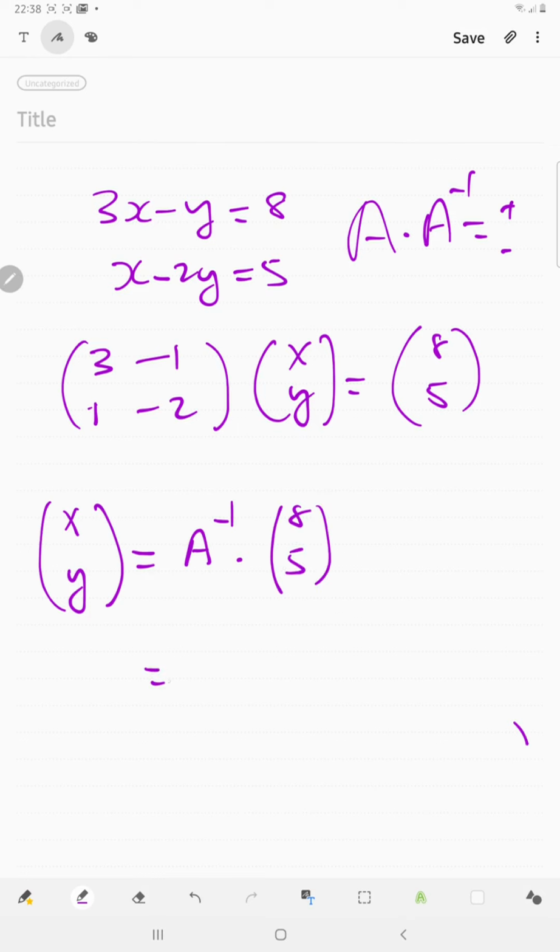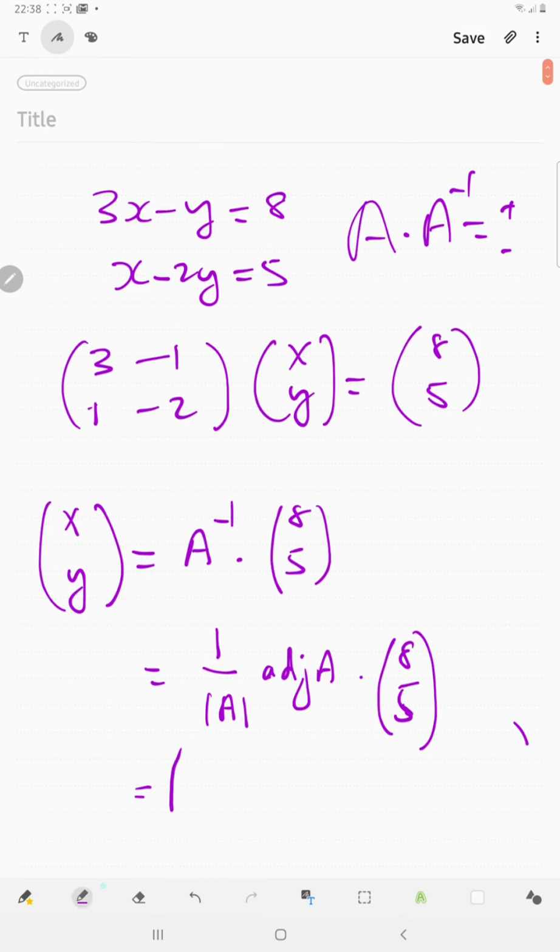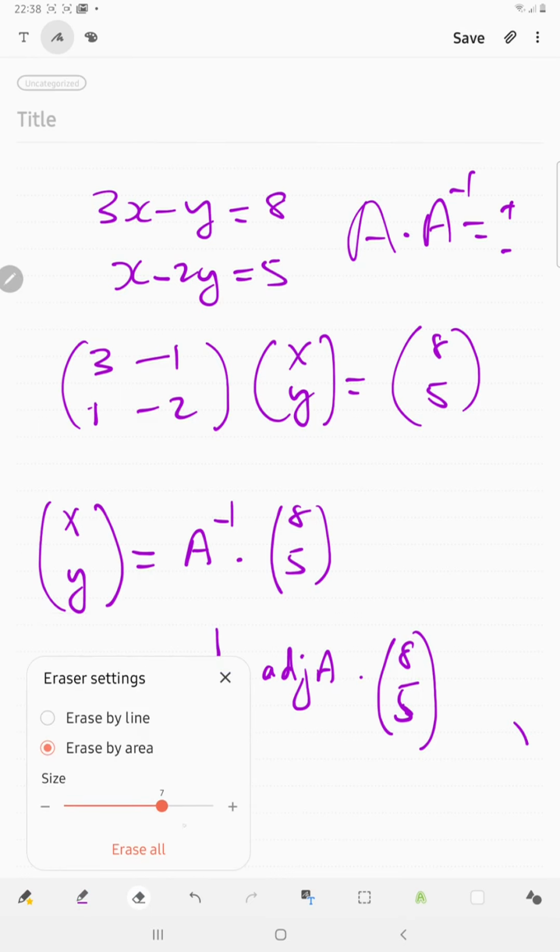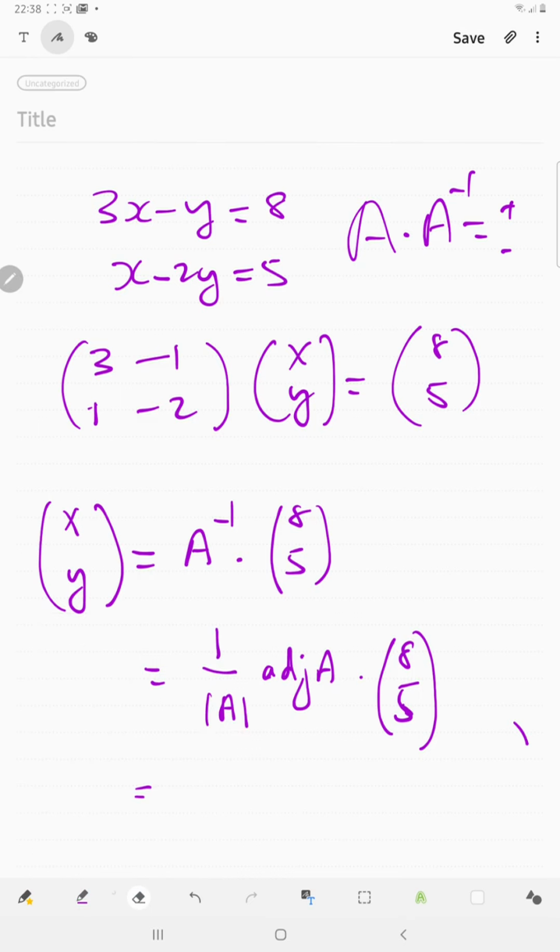But now you know that A inverse is equal to 1 over modulus of A, adjoint of A, multiplied by the bracket 8 and 5. So in that case, you can say it's 1 over modulus of A. Then it means that you multiply out and get what is the value there.